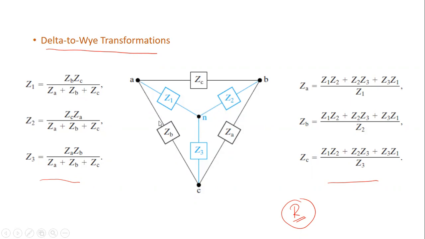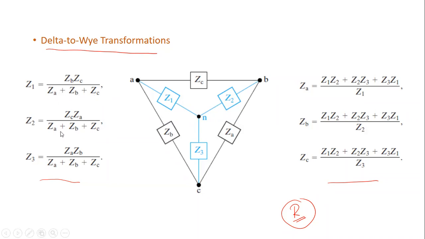The given original circuit is the delta one, and we need to convert this delta into Y. To find Z1, you multiply the nearby impedances, ZC by ZB, and divide by the sum of all three impedances. At the top, we have a multiplication of two complex numbers, and at the bottom, an addition of three complex numbers.